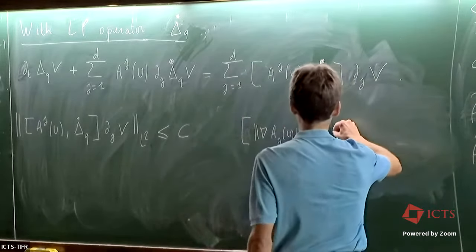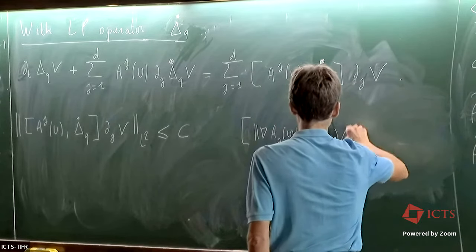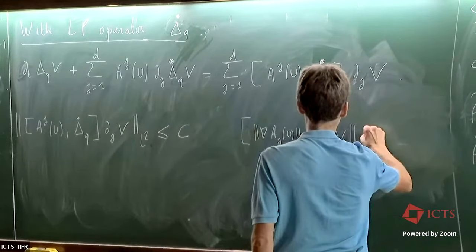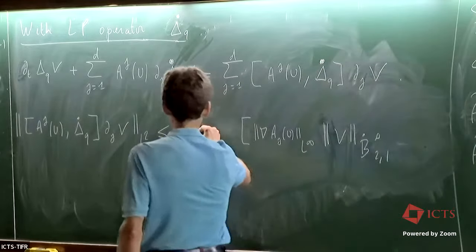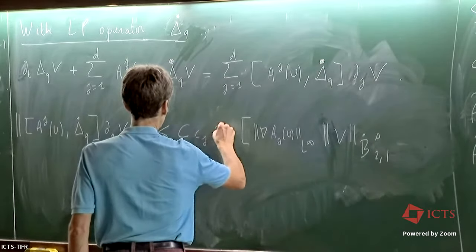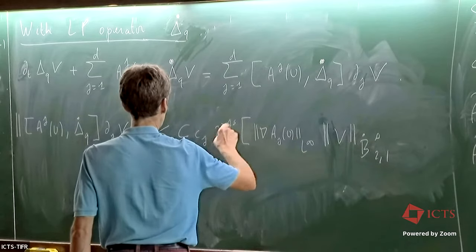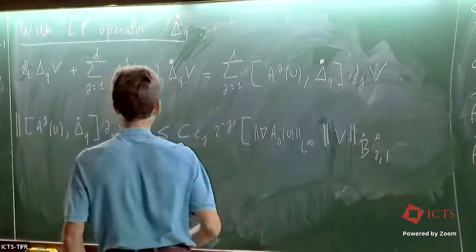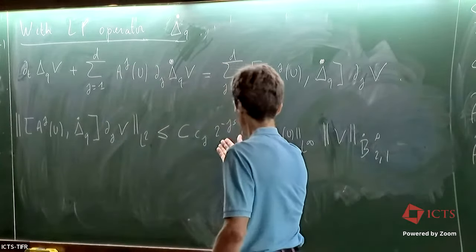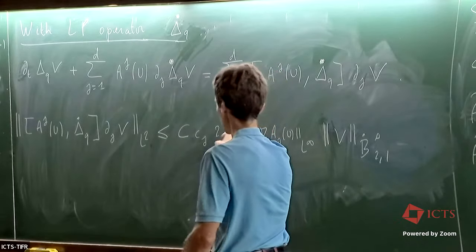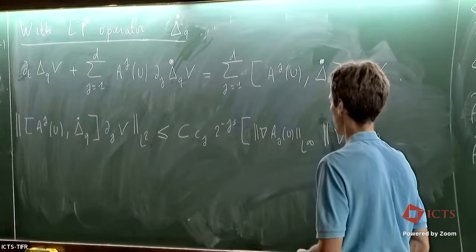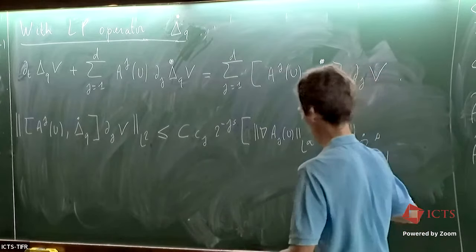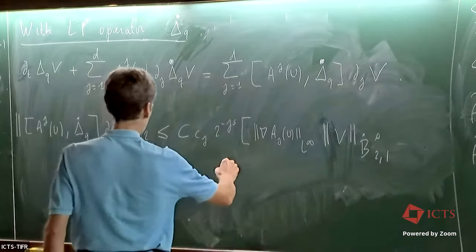I will keep the Besov norm B^s_{2,1}. Okay, and with this choice, you have to put this, so that if you multiply by 2 to the js and sum, you will get the usual Besov norm.